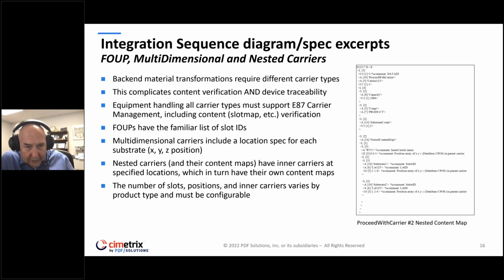So this actually complicates some of the E87 messaging and some of the traceability, E142 messaging. So, FOUPs, of course, we're very familiar with the slot IDs, but the multidimensional carriers have a much more complicated location spec, and you have to handle the content maps for all of these pieces.